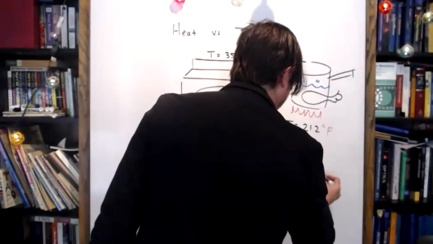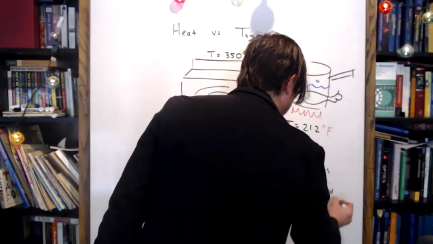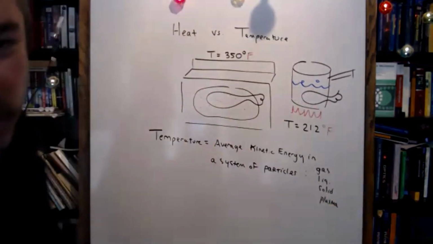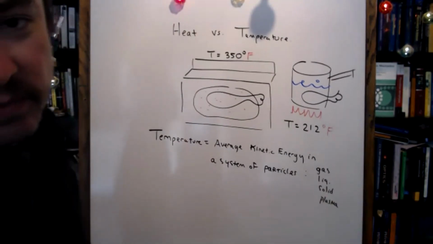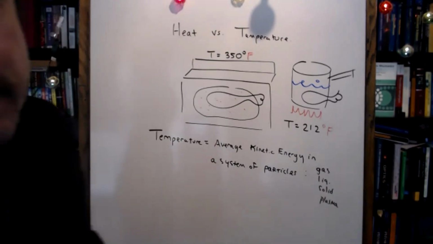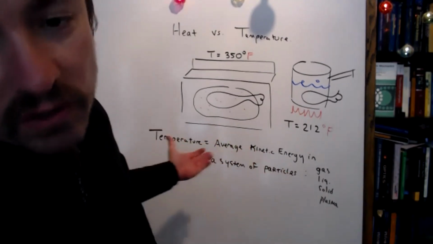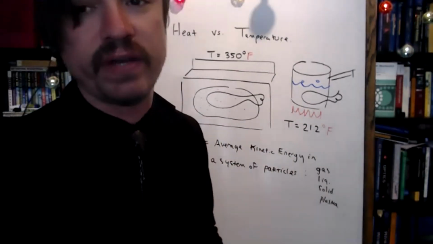They could be in the gas state, or in the liquid state, or in the solid state, or in the plasma state. Hell, they could even be in the Bose-Einstein condensate state, which maybe we'll talk about at some point. There are all kinds of states of matter that you haven't heard about. But if you measure all of their kinetic energies and take the average, then you understand what temperature is.